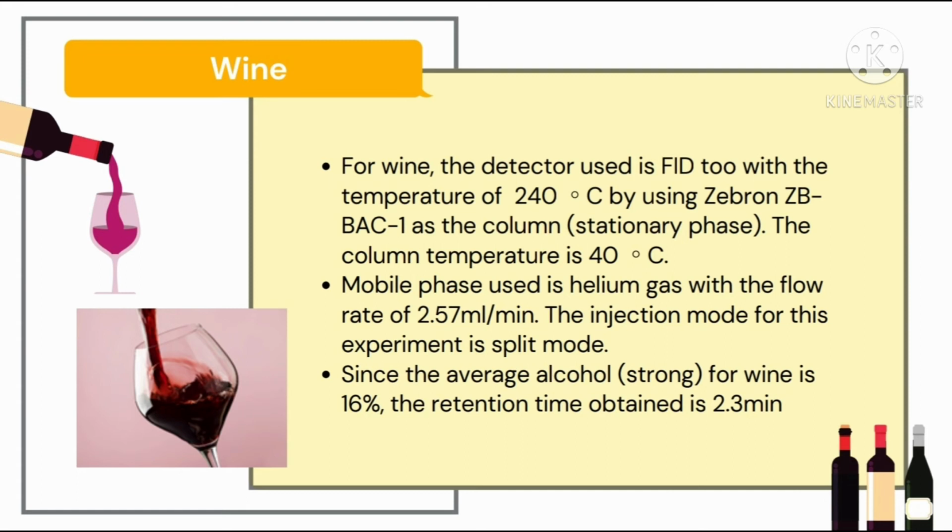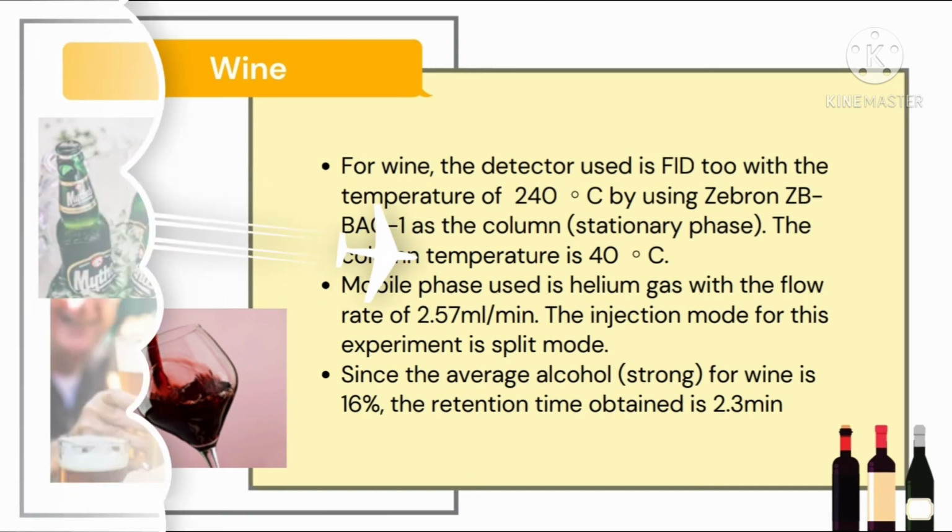The mobile phase used is helium gas with a flow rate of 2.57 ml per minute. The injection mode for this experiment is split mode. Since the alcohol content for wine is 16%, the retention time obtained is 2.3 minutes.